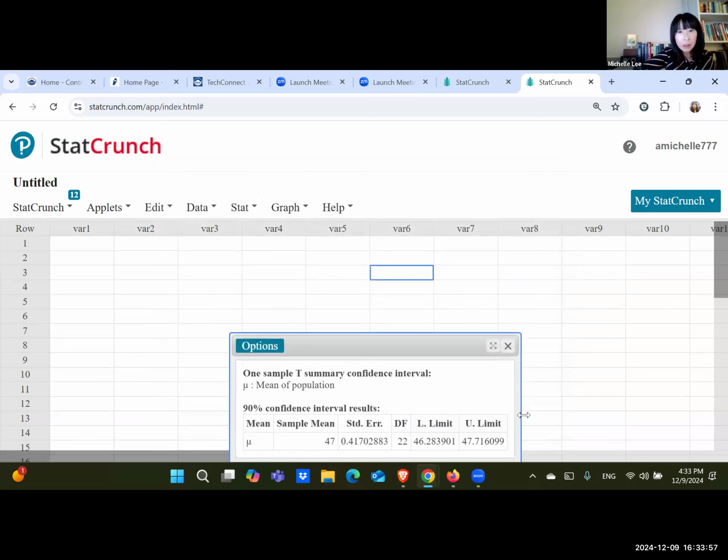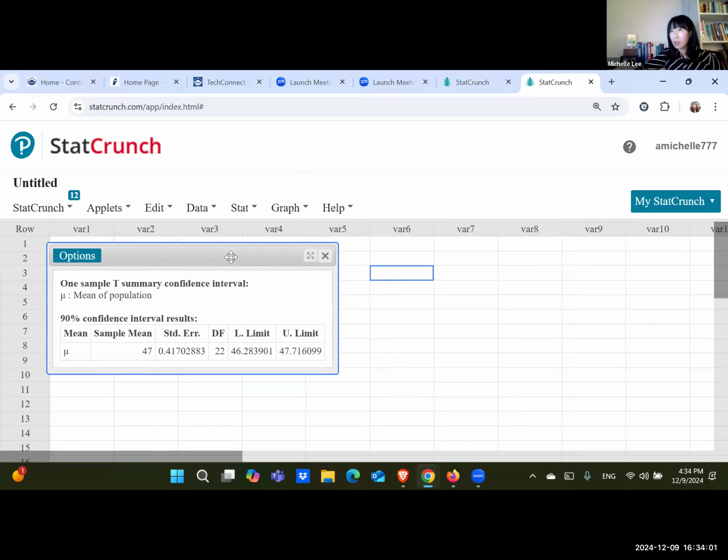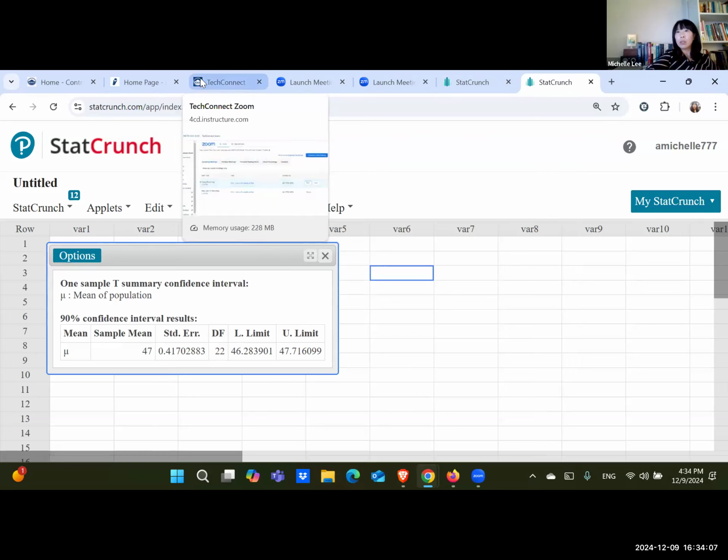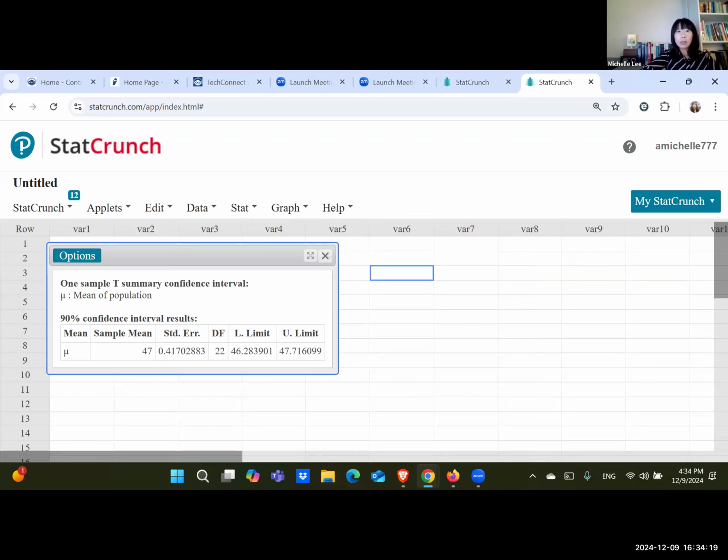Compute. Okay, so that will be lower bound, upper bound, and then the margin of error, so 2 decimal places, yeah.